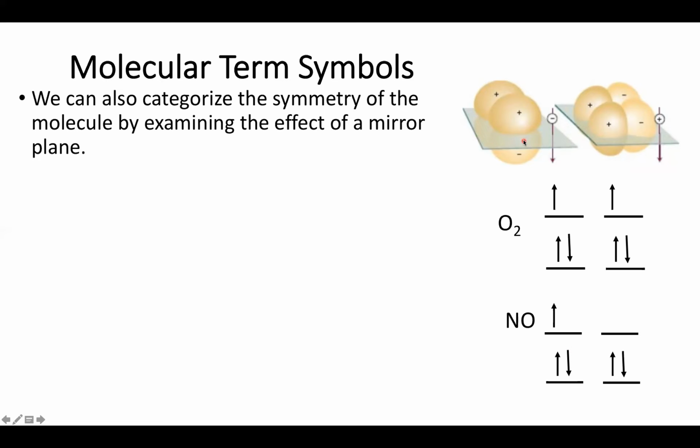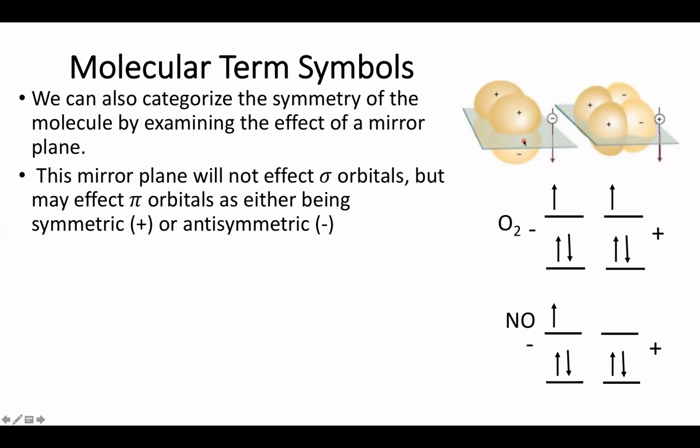However, when I'm examining pi orbitals, it's not quite so simple because our pi orbitals can either be symmetric if the plane is cutting through the pi bond, or antisymmetric if it's bisecting the two lobes. Again, here we can kind of artificially set one side of our pi orbitals as positive and the other side as negative. It's worth noting that this can be fairly artificial as these two orbitals are essentially made out of linear combinations. But no matter which way I cut it, about 50% of it is going to be positive and 50% is going to be negative.